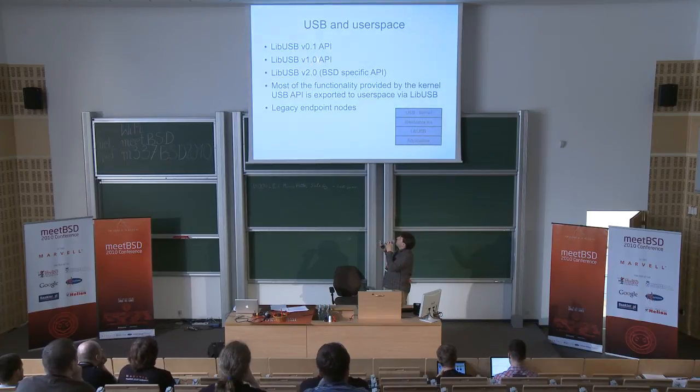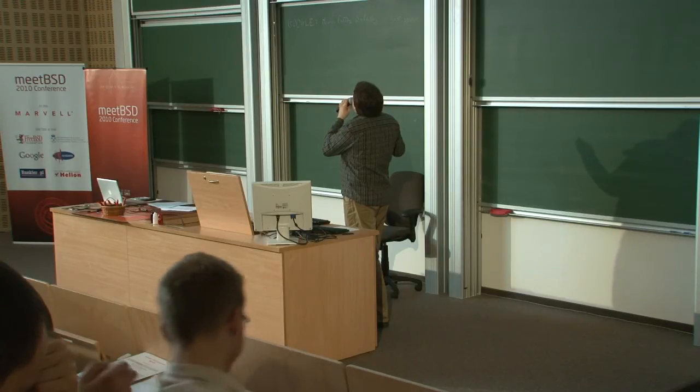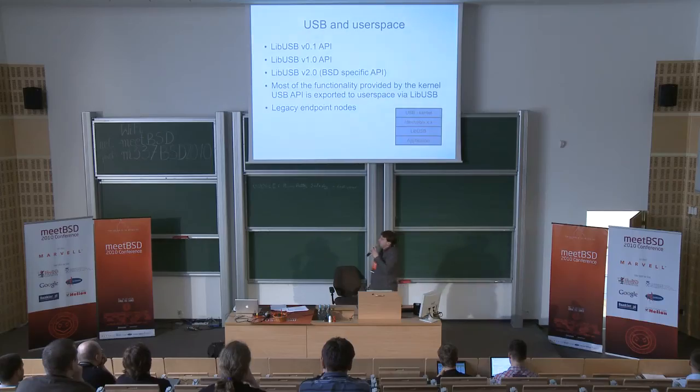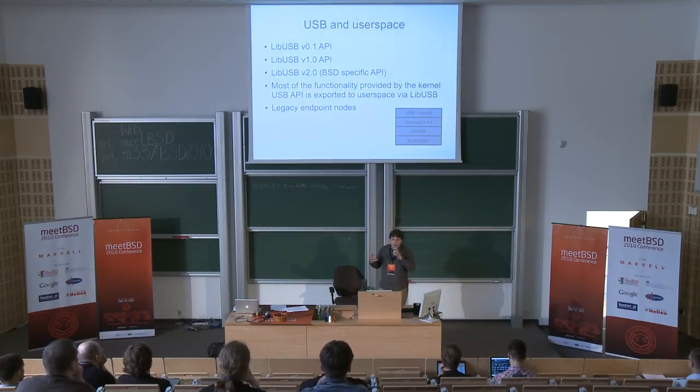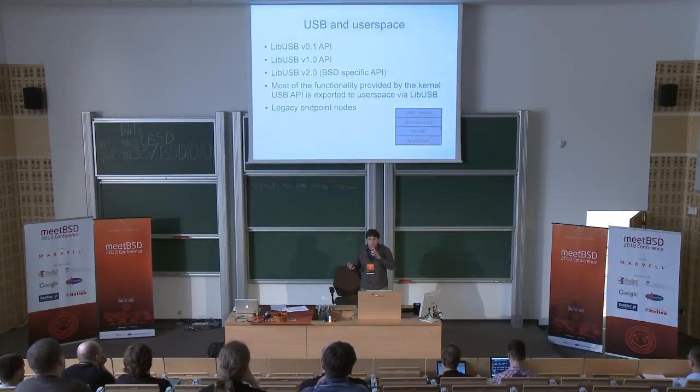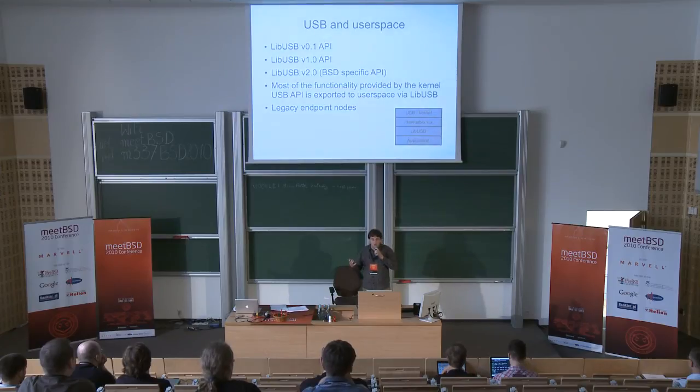libUSB version 1.0 and 0.1 are implemented on top of libUSB version 2.0, which is more BSD specific. The reason I made libUSB version 2.0 is because I needed an API that directly reflects the kernel functions of the new USB stack, so that I have all the functionality available.